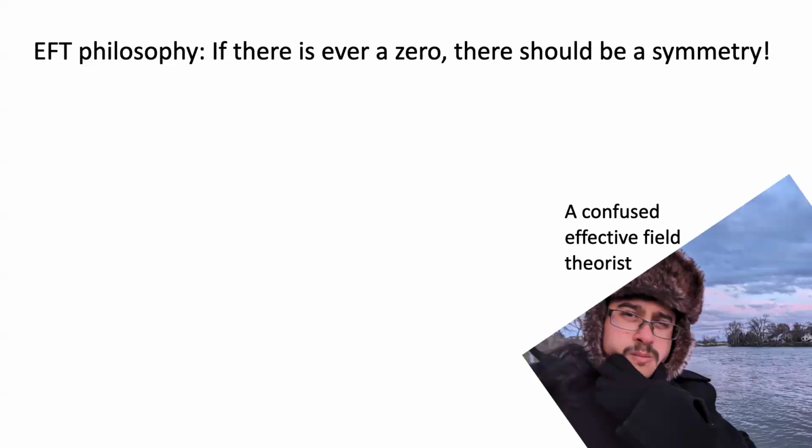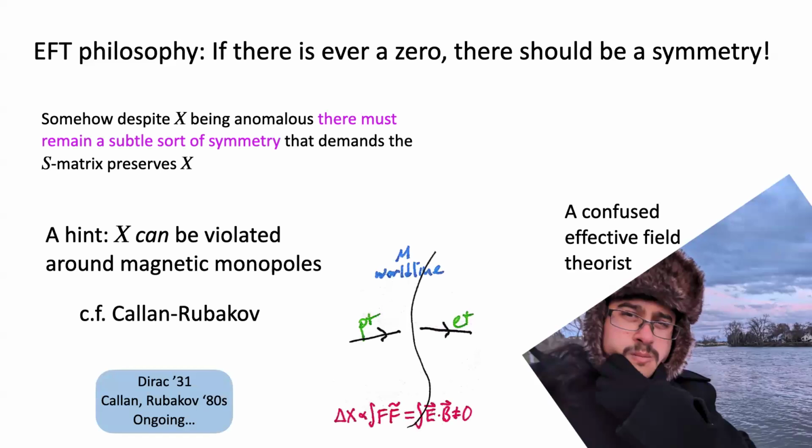And so it seemed like this was some severe violation of naturalness philosophy. So you could have suspected that there must be some subtle symmetry that remains and is what's responsible for demanding X conservation in the S-matrix.